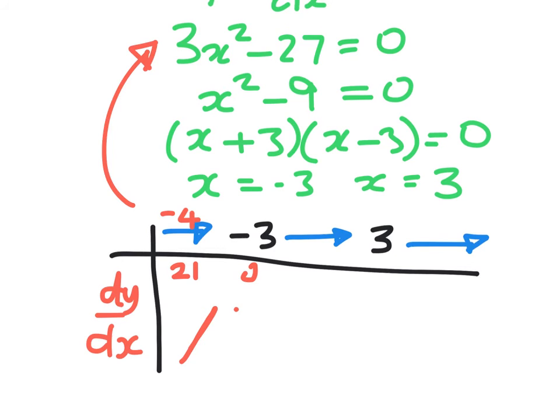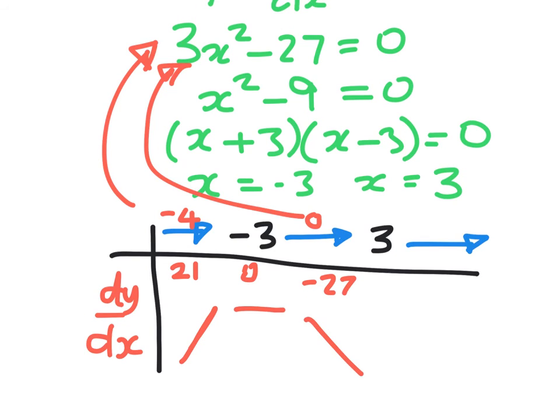At -3 it's 0, that's what you found, so we can just put that in without doing any calculations. Now between -3 and 3, I'm going to pick 0, it's a nice easy number. Put 0 back in this formula: 3 times 0 squared, take away 27 is -27, so my graph's going down. At 3 it's flat again, so it's going across.